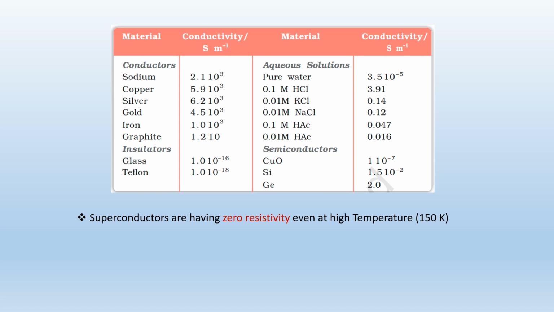Superconductors have zero resistivity at 0 Kelvin. Generally, superconductors work at 0 Kelvin, but nowadays some ceramics and polymer materials show zero resistivity even at a higher temperature of 150 Kelvin.